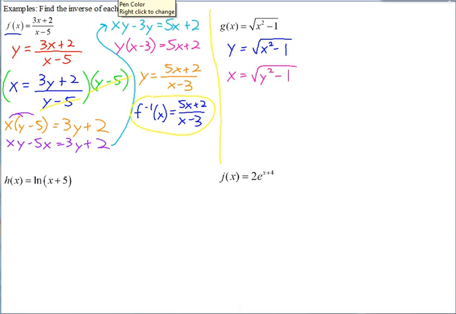Then we want to solve this for y, so to get rid of the square root, square both sides. That gives us x squared equals y squared minus 1, since the square root and squaring cancel out. Then add the 1, so we get x squared plus 1 equals y squared.